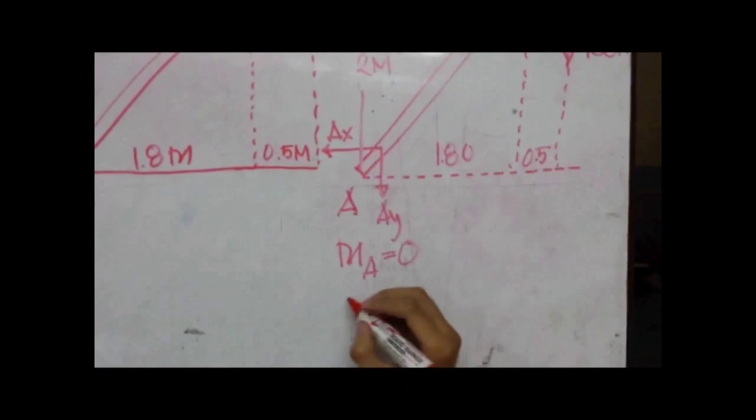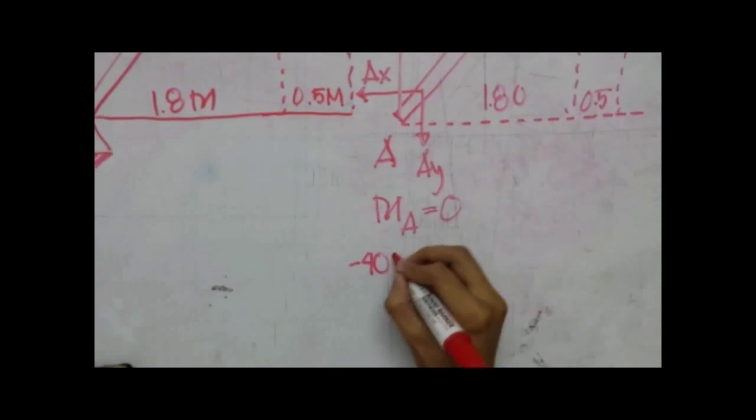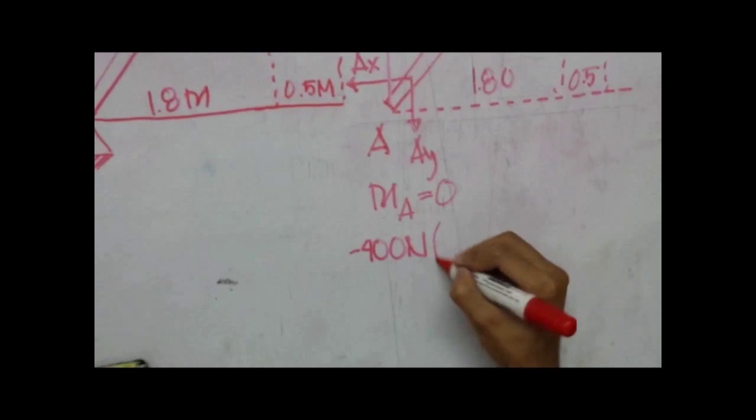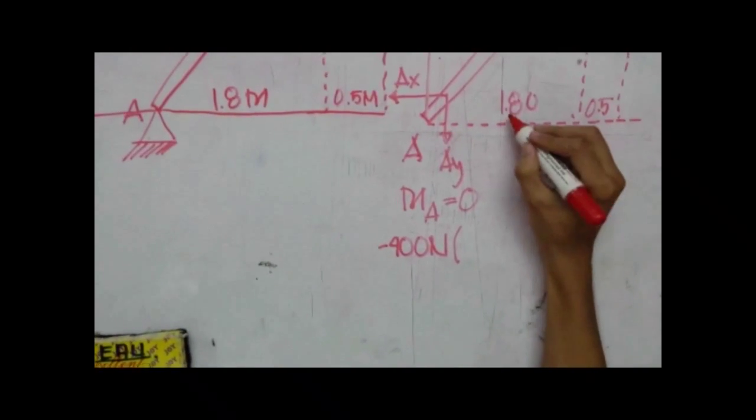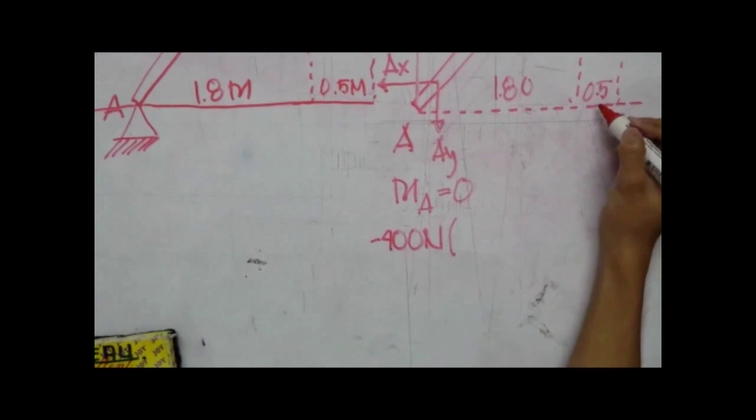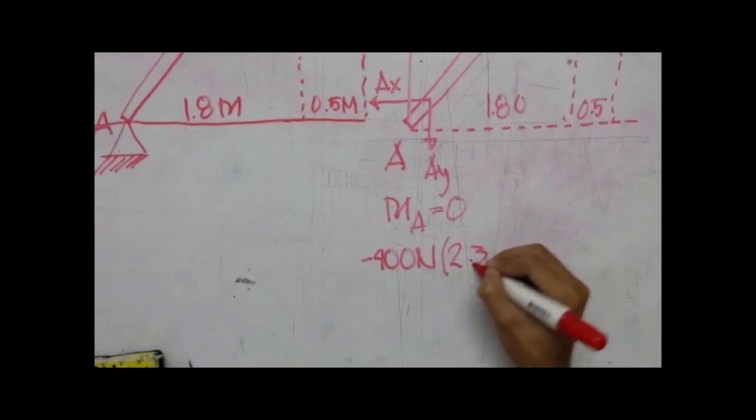So adding the forces, make use of negative 400 newtons going downward, multiplied by the distance from point A, which we must add 1.8 meters plus 0.5 meters, which is equal to 2.3 meters.